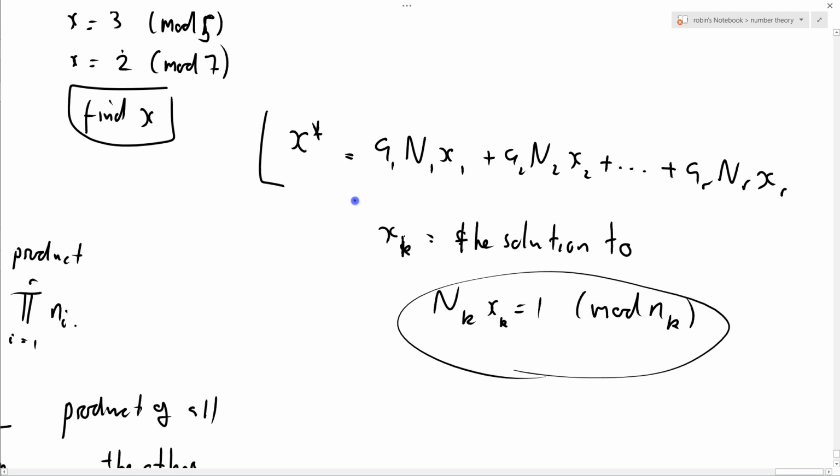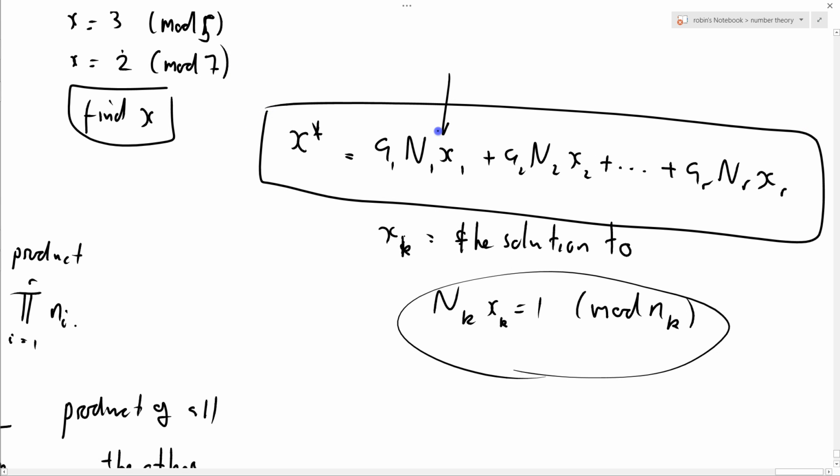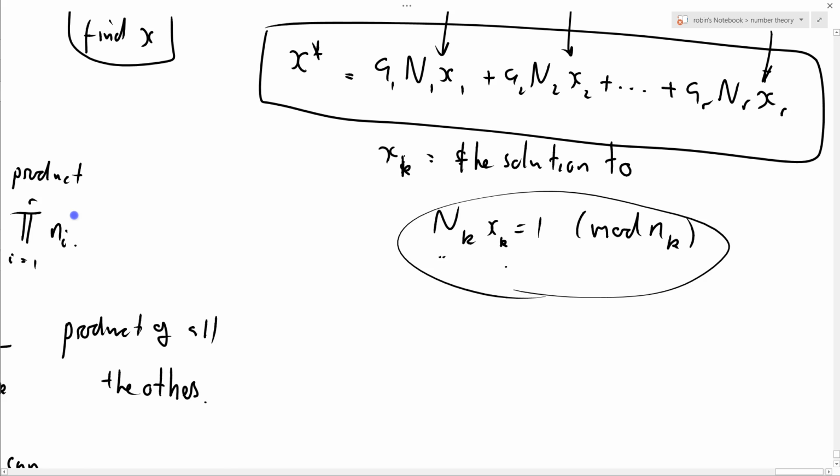Okay, so I'm forming this sort of massive sum here. So what we're going to do is solve all these equations independently, get all the x's, and then just shove it all in there.